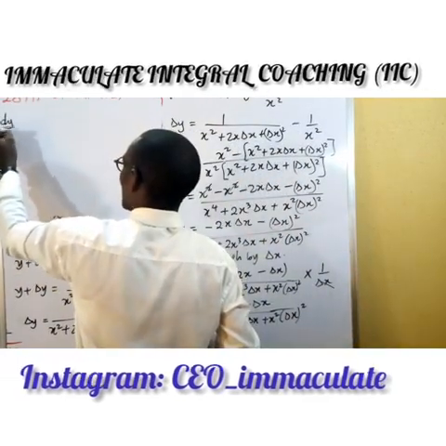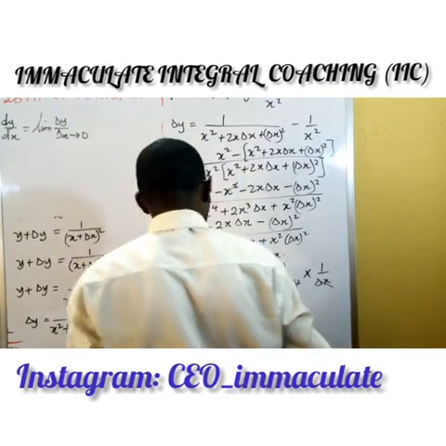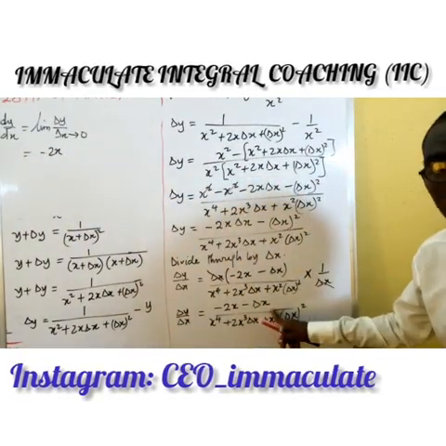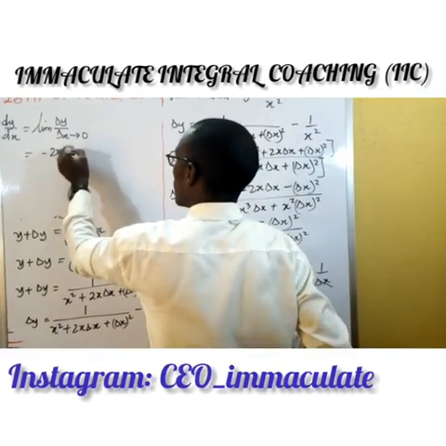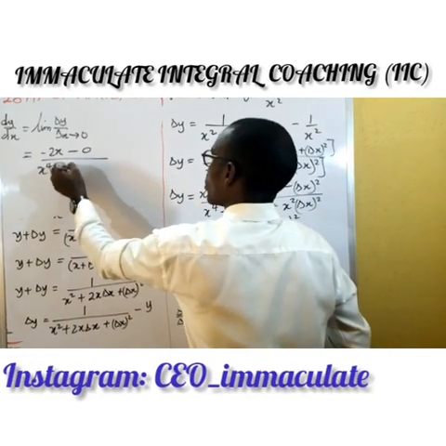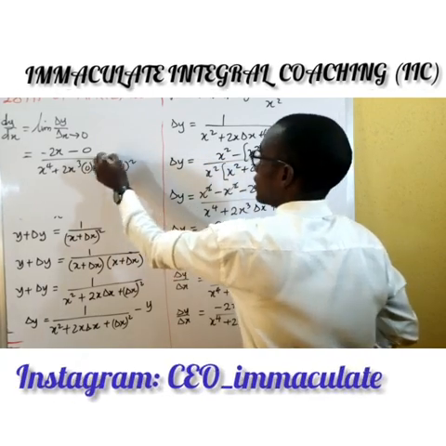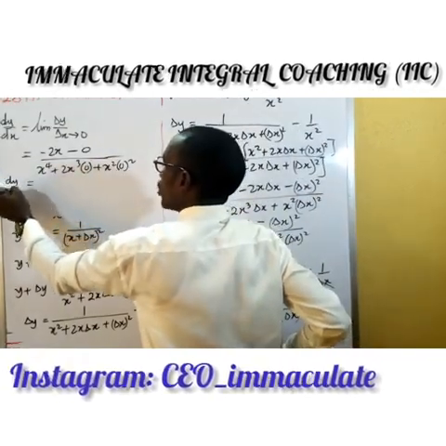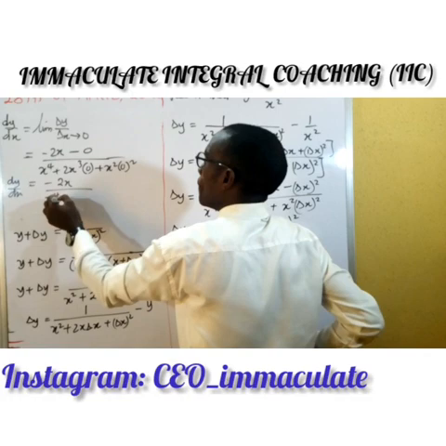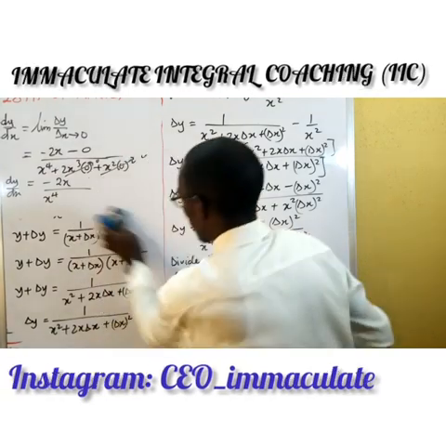That means dy/dx is equal to the limit of δy over δx as δx tends to 0, which will be equal to minus 2x, and we turn δx to 0, minus 0, over x to the power 4 plus 2x to the power 3 into 0 plus x squared into 0 squared. So from here, our dy/dx will be minus 2x over x to the power 4 plus 0, and this one too is 0.